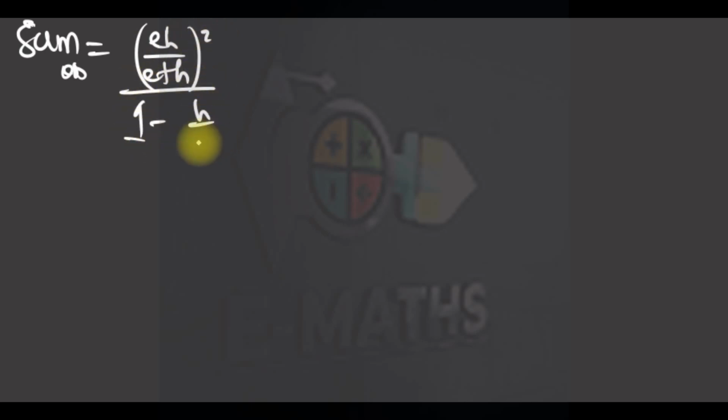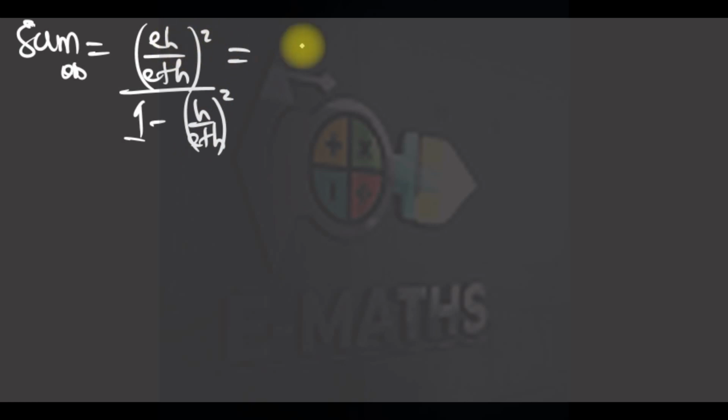Therefore the sum of the areas to infinity is equal to: our a is eh over (e plus h) all squared, over 1 minus h over (e plus h) all squared.